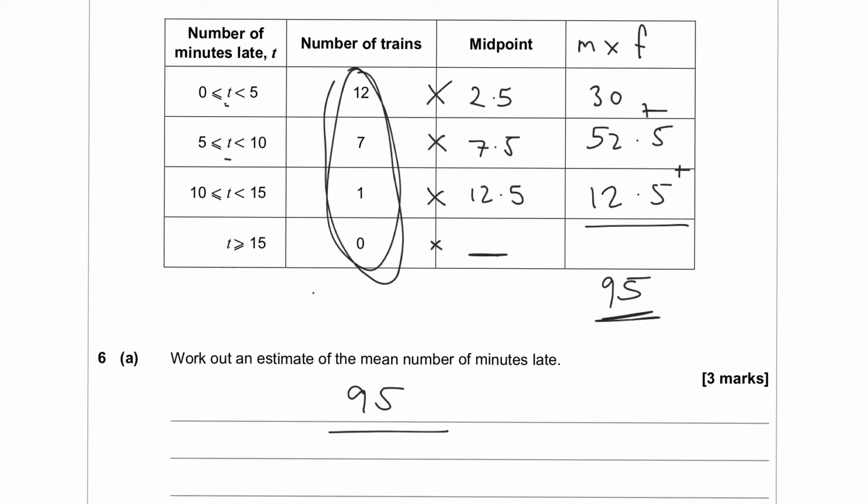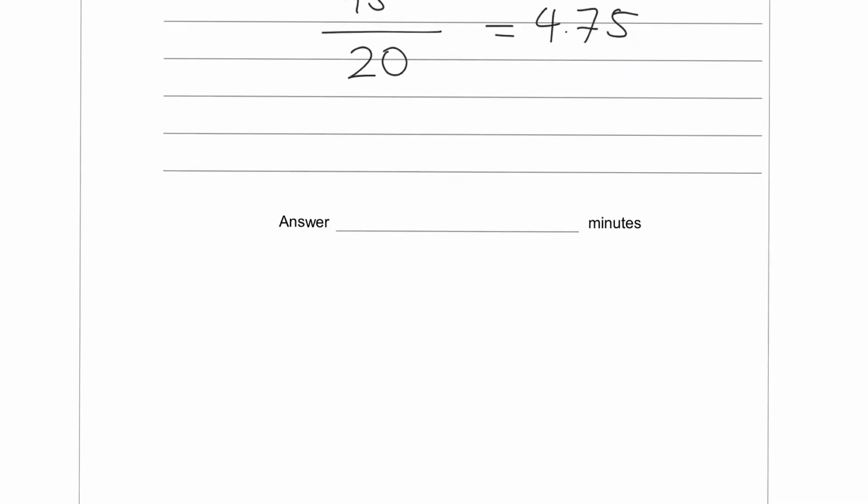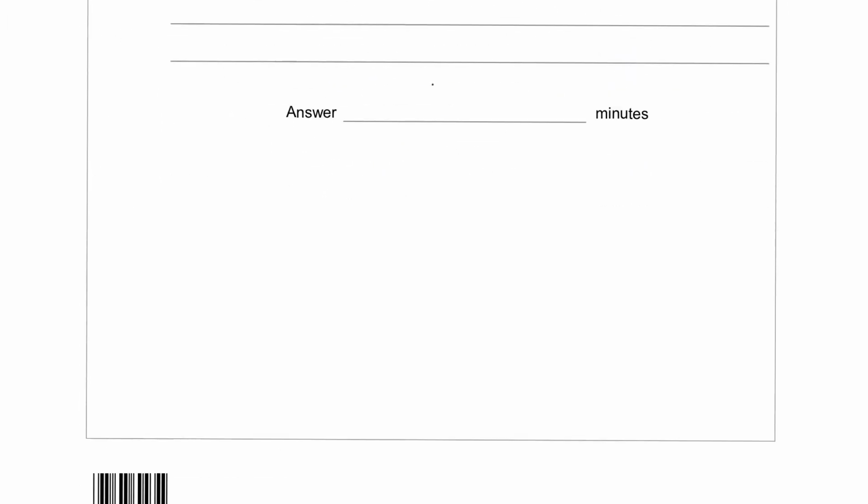First of all, we're going to add our total there, and that's 12 plus 7 plus 1, which will give you an answer of 20 if you put that into your calculator. So 95 divided by 20 into your calculator should give you an answer of 4.75. And I hope that made sense. So I'll put that there, 4.75.